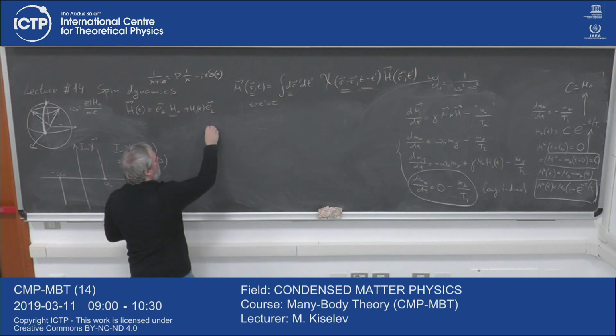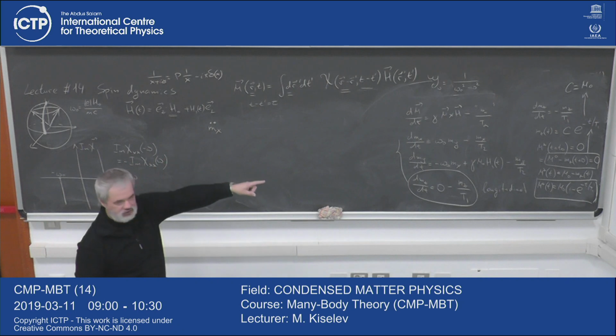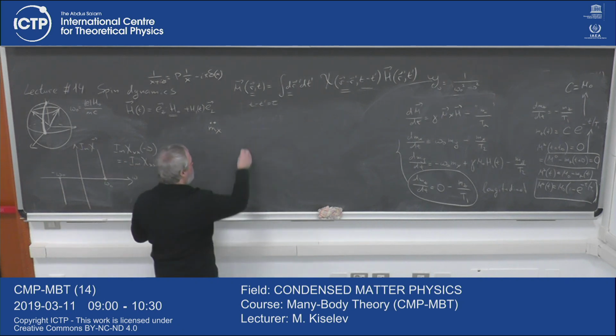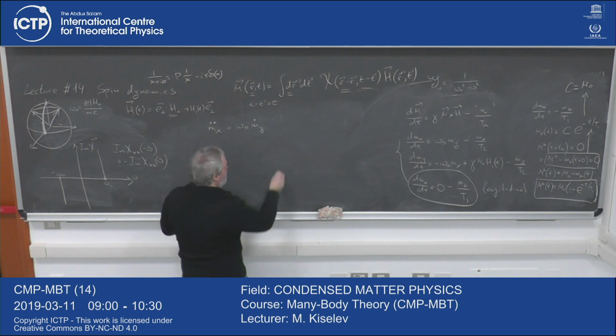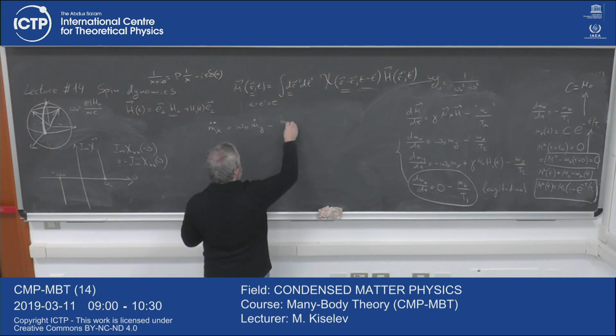So mx double dot. I differentiate the first equation with respect to time. So this is omega naught my dot minus mx dot over T2.